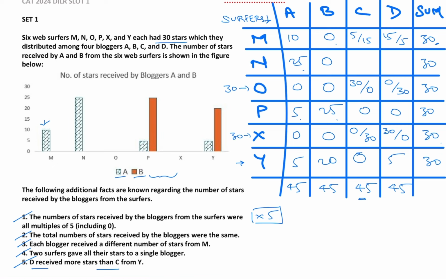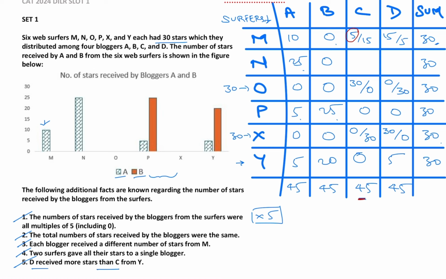Okay, so now I think we'll have to work more on this table. So let's take the first case, that is if M gives out 5 stars to C. Okay, so if I take 5 here, and I need to reach the sum of 45.